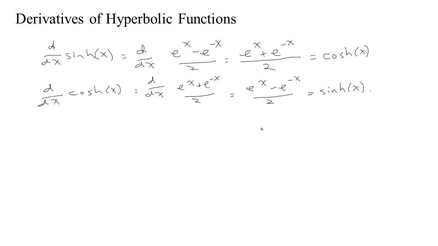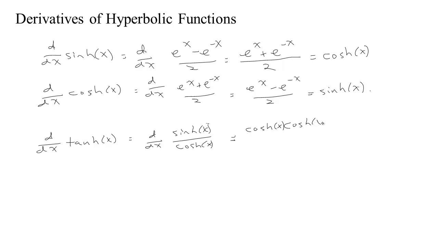Now, we can use those two facts to find the derivatives of the others. For example, if we need to find the derivative with respect to x of the tangent, we're really talking about taking the derivative of this quotient, the sine over the cosine, and the quotient rule says you take the derivative of the top, and the derivative of the sine is the cosine, times the bottom, which is cosine, minus the top, which is sine, times the derivative of the bottom, and the derivative of the cosine is the sine, all over the bottom squared, so all over the cosine squared.